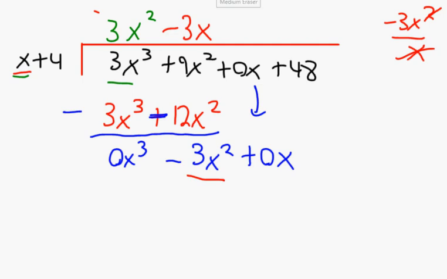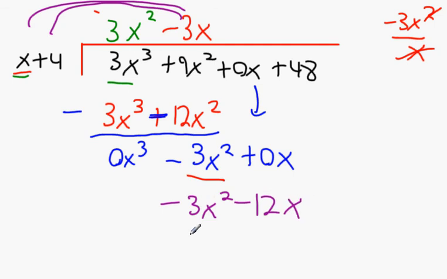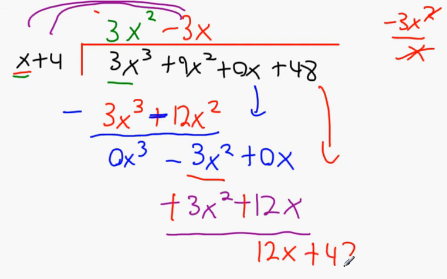What do we get? Minus 3x squared minus 12x. What do you do now? What have we done every time? Change into a plus. And now we get 12x plus 48.